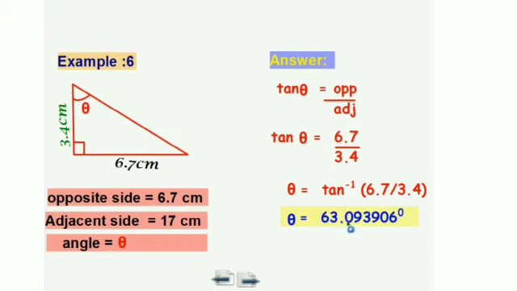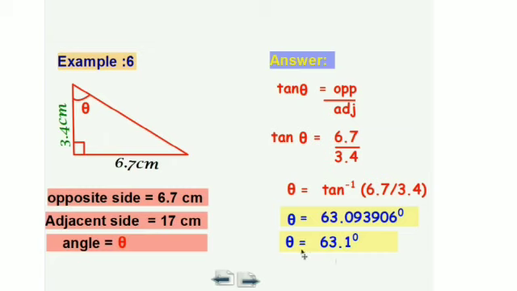You will get 63.0 from the first digits, but you should check the next digit, is it greater than 5 or less than 5? It is greater than 5, so you should add one here. Even if it is 5, you should add one here. So you will get the answer 63.1 degrees. So we got the angle theta equal to 63.1 degrees. This is our final answer.